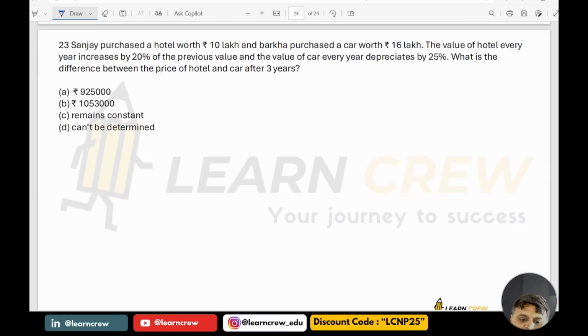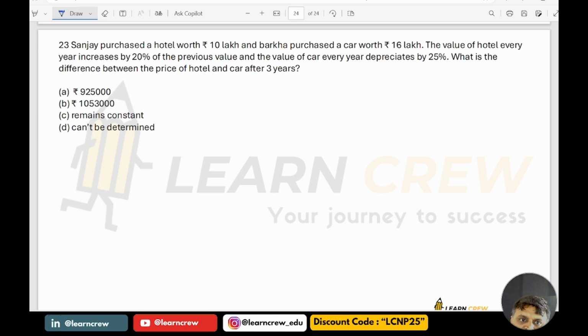Sanjay purchased a hotel worth 10 lakh rupees and Barkha purchased a car worth 16 lakh rupees. The value of the hotel every year increases by 20% of the previous value and the value of the car every year depreciates at 25%.